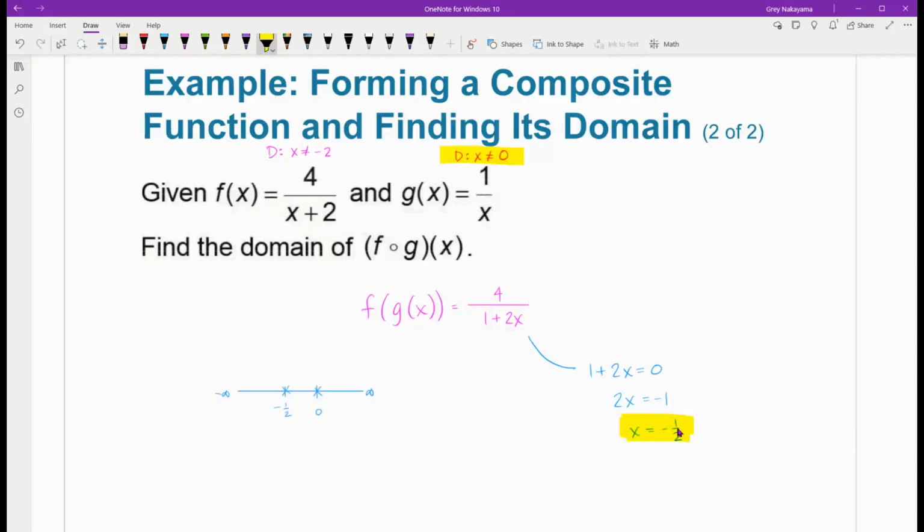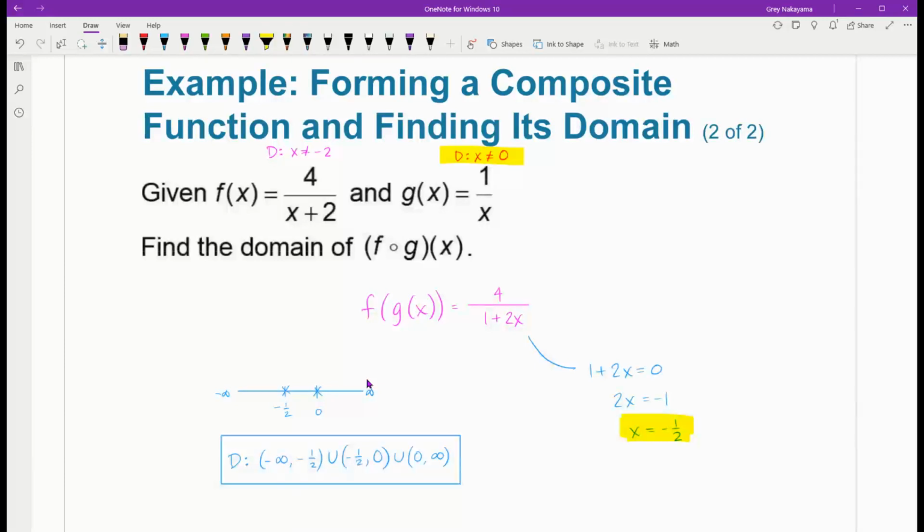So I'm going to draw my number line, and I have to put them in order according to the number line. And I'm putting negative infinity and positive infinity because it's going to help me write my intervals. Okay, so when I write those intervals, I'm going to have 3 of them. All right, so my domain of my composite function is negative infinity to negative 1/2, and then negative 1/2 to 0, and then 0 to infinity.